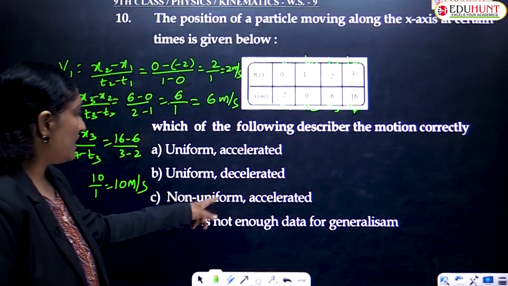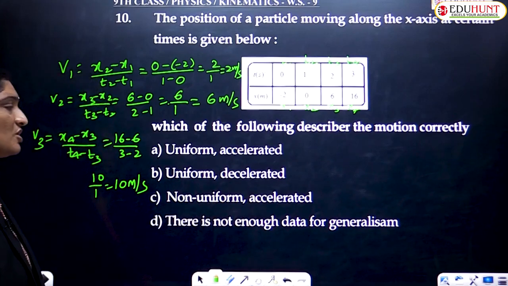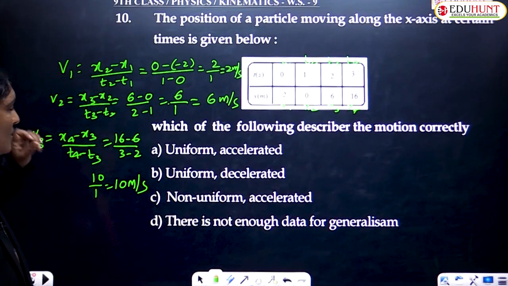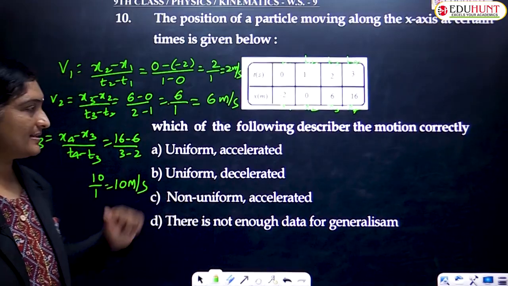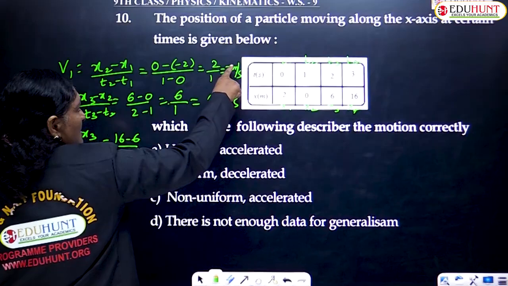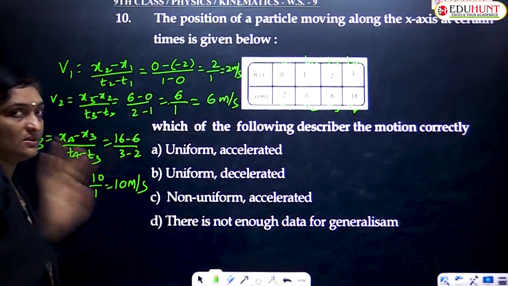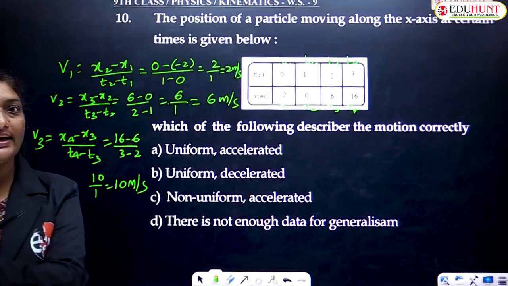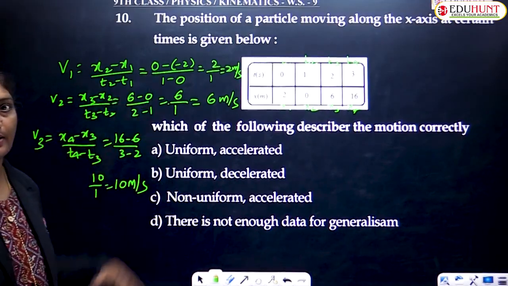Whether it is uniform acceleration or non-uniform acceleration, let us try to check. What is the difference? The difference between 6 and 2 is 4. Here also the difference between 6 and 10 is 4. That means equal intervals of time bring equal changes in velocity.